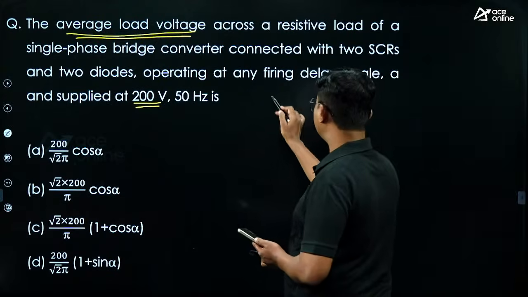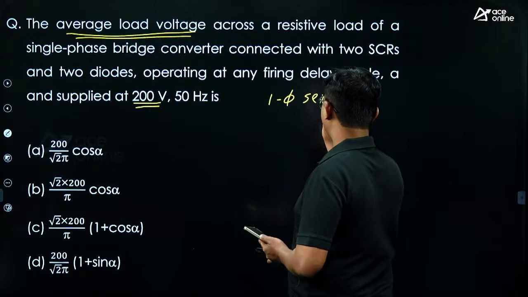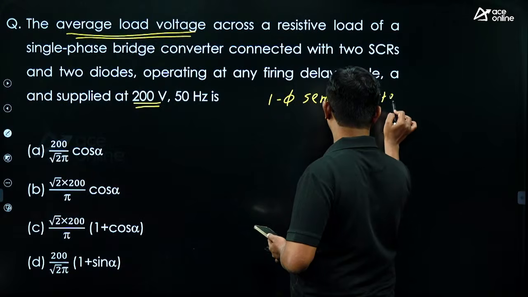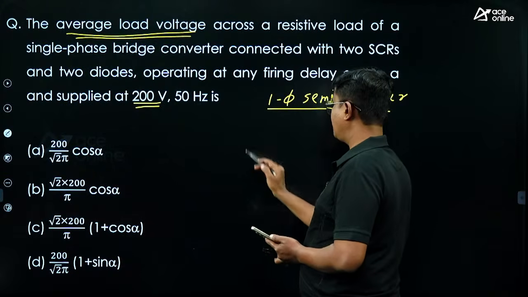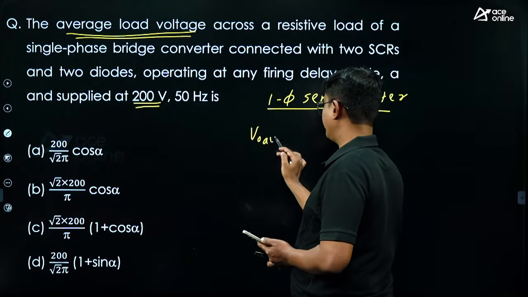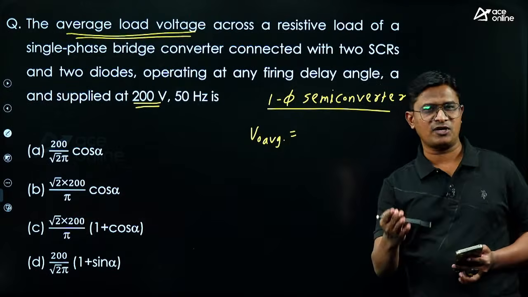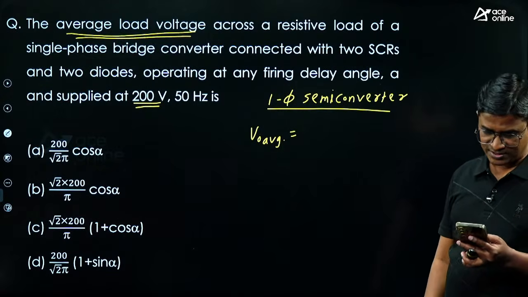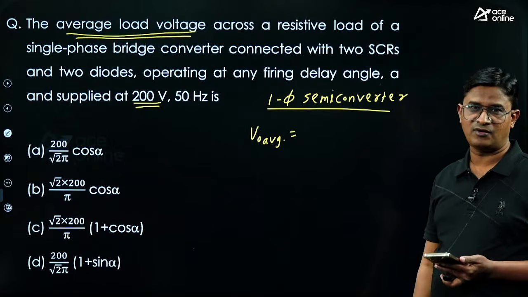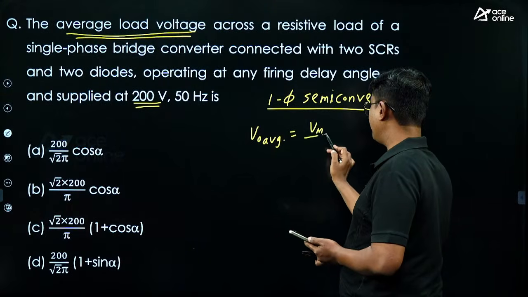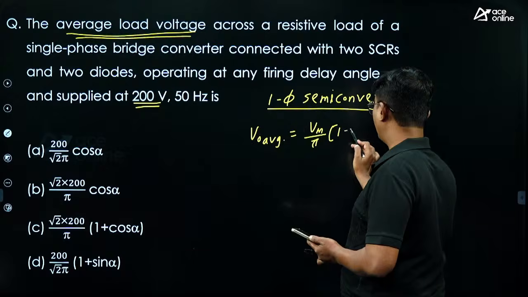They are talking about the single phase semi converter. In semi converter, what is the V0 average? In semi converters, no negative pulse in output voltage. Semi converters are having inherent freewheeling path, alright? So expression will be Vm by pi into 1 plus cos alpha.